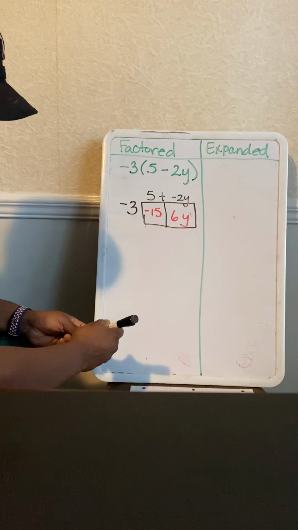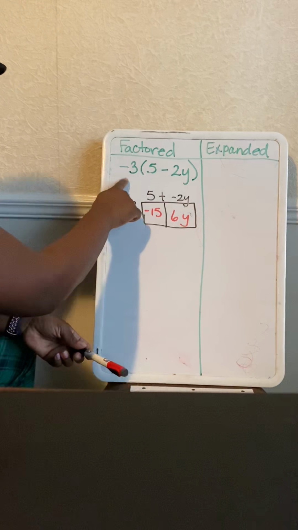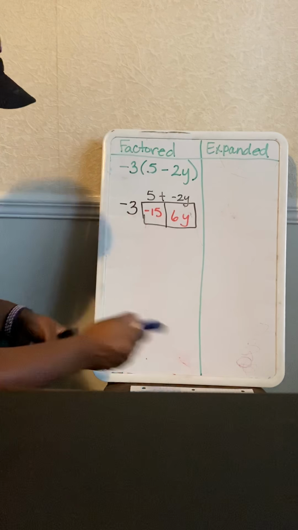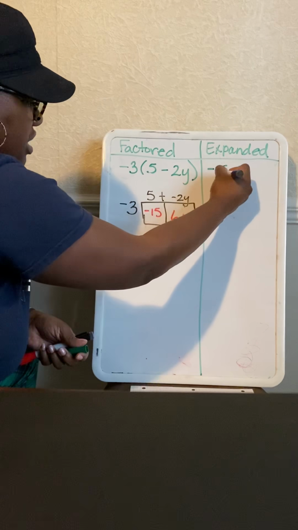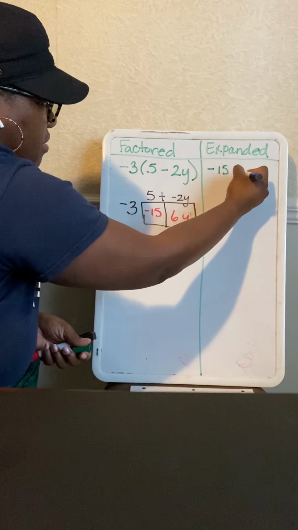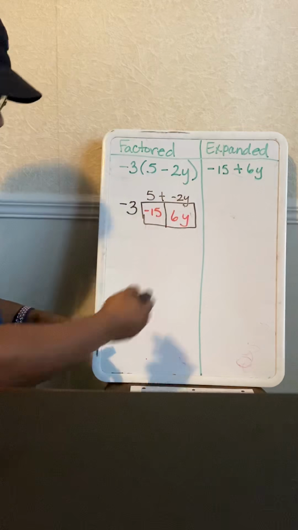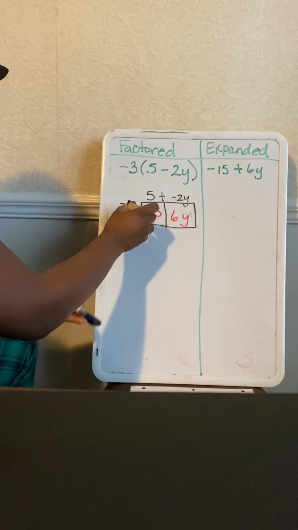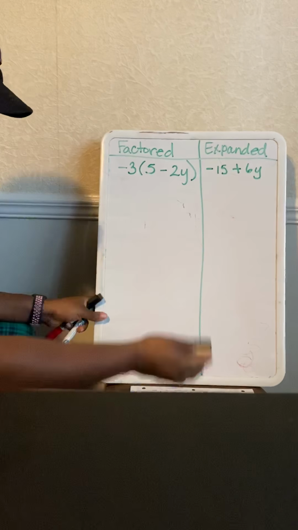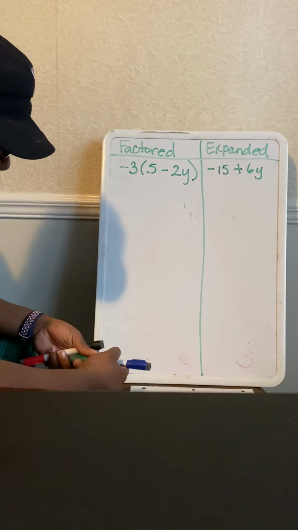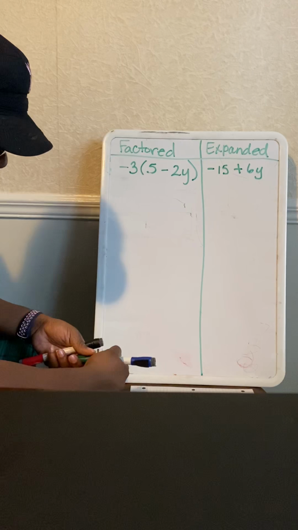And so the expanded form to this would be negative, what's inside the box, -15 plus 6y, and that's how that looks. So I want to do one of the more complex ones where it has a lot more things going on. But let me just see if you all did.